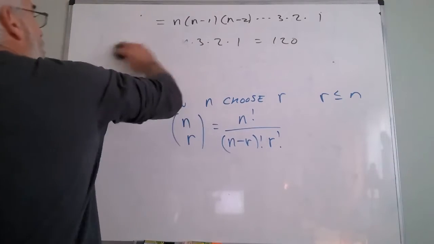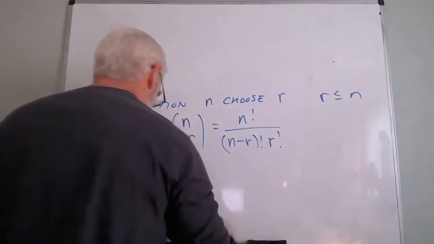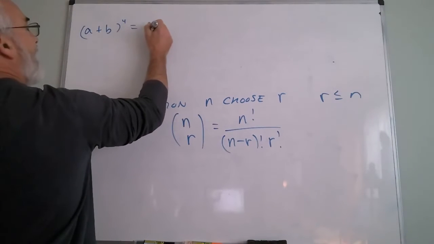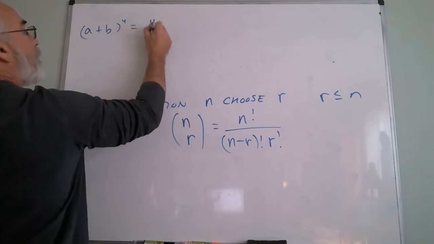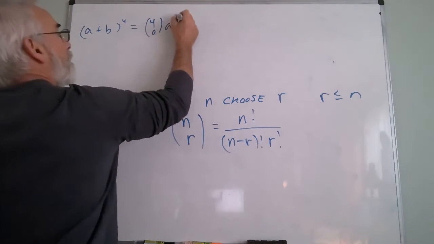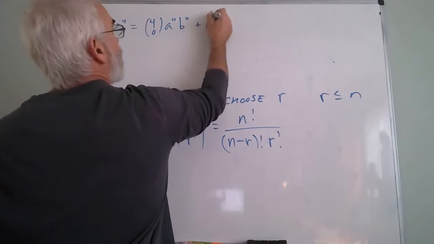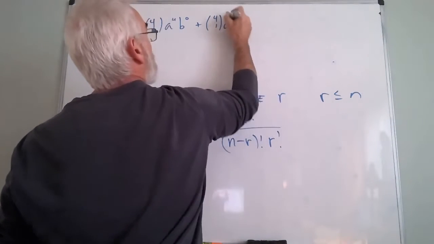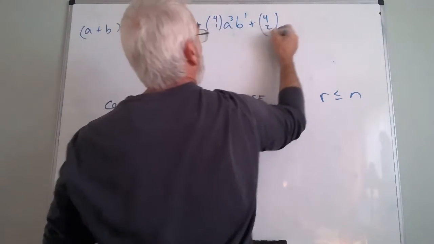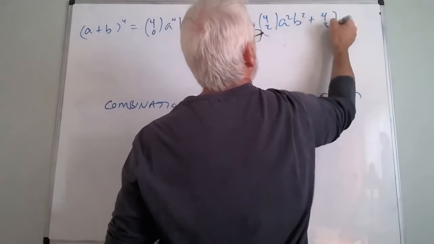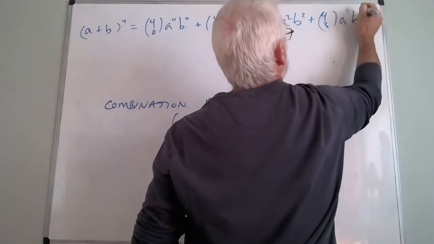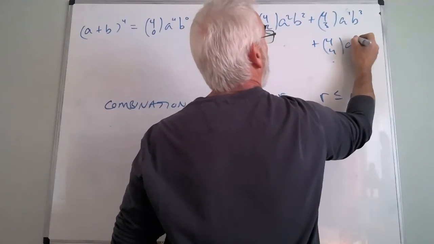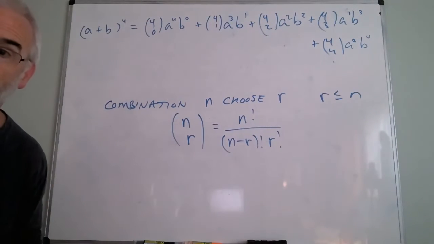So when I did, let's say, (a + b) to the 4th power, that was a to the 4th, which is the same as saying 4 choose 0, a to the 4th, b to the 0, plus 4 choose 1, a to the 3rd, b to the 1st, plus 4 choose 2, a to the 2nd, b to the 2nd, plus 4 choose 3, a to the 1st, b to the 3rd, and then finally, 4 choose 4, a to the 0, b to the 4th. This is exactly what we did when we did the binomial expansion.